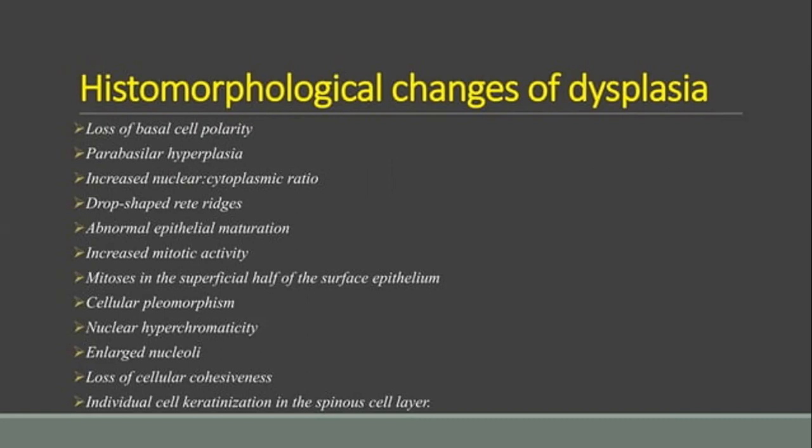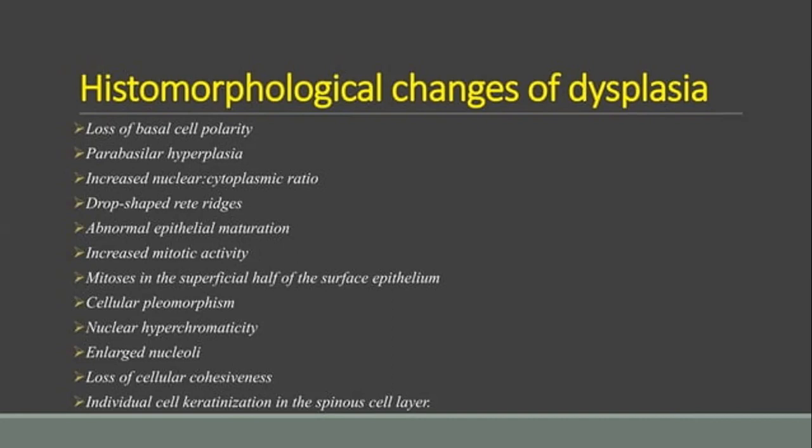Histomorphological changes of dysplasia: loss of basal cell polarity, parabasilar hyperplasia, increased nuclear cytoplasmic ratio, drop-shaped ridges, abnormal epithelial maturation, increased mitotic activity, mitosis in the superficial half of the surface epithelium, cellular pleomorphism, nuclear hyperchromaticity, and enlarged nuclei.